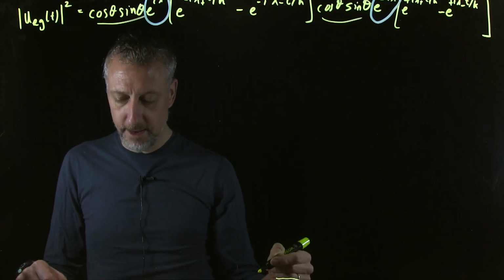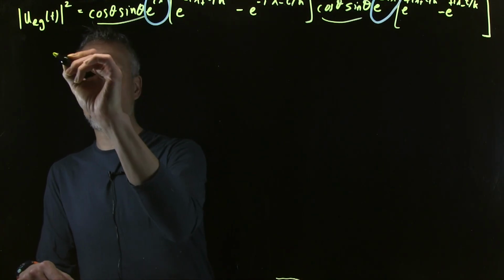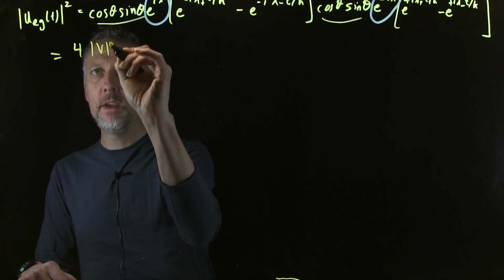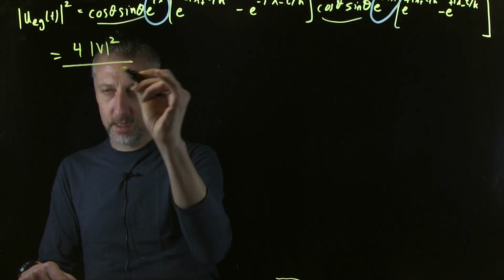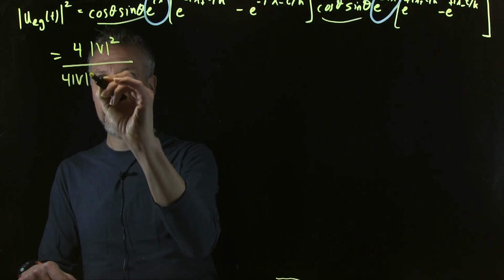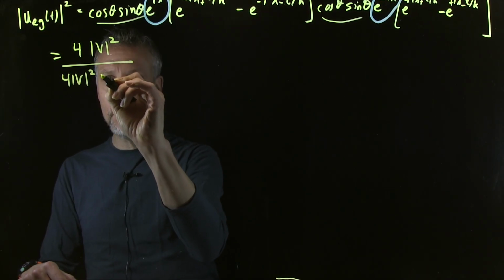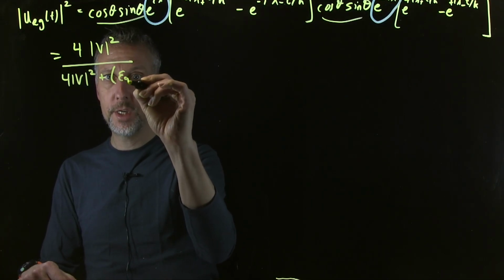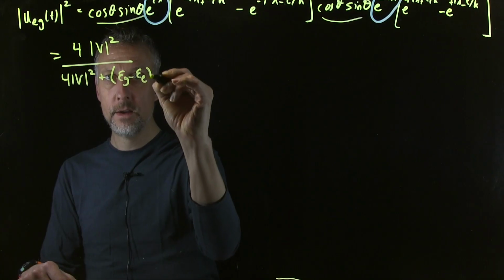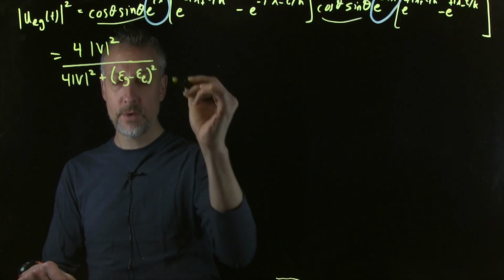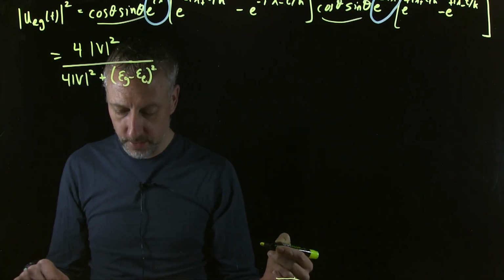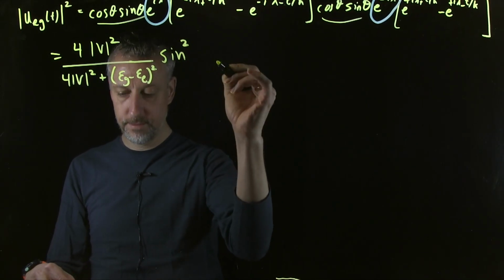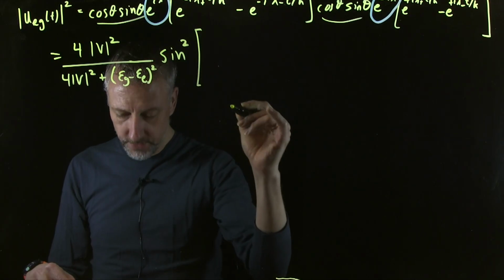Right? But when you do that, then you find that this thing is actually equal to the following. 4 v squared divided by 4 v squared plus epsilon g minus epsilon e squared. Of course, you could write this the other way around because you're squaring, it makes no difference, times sine squared of all of this.